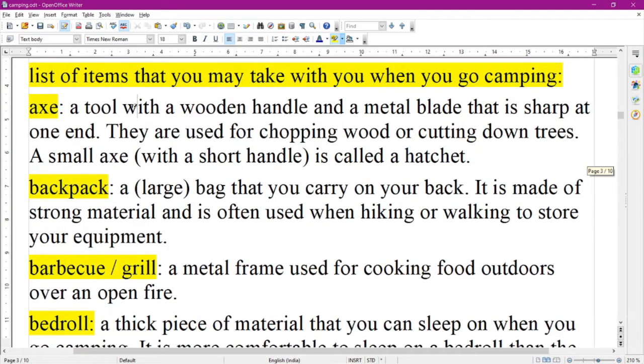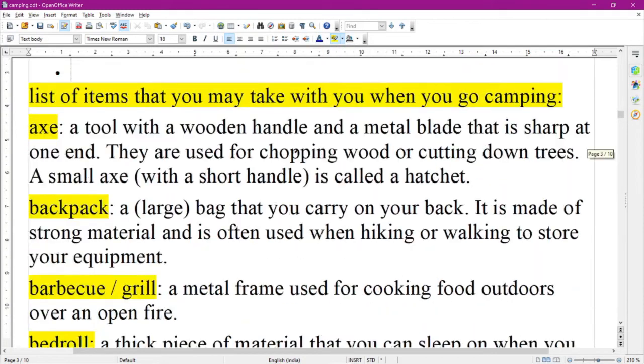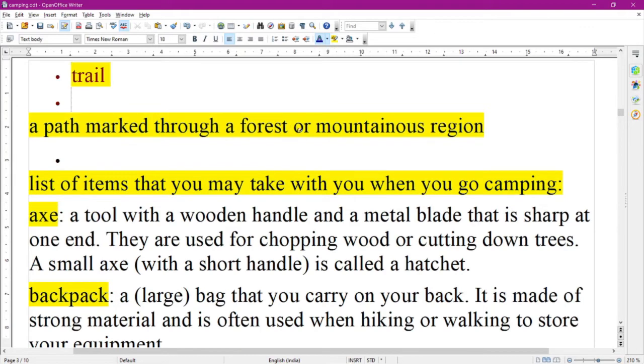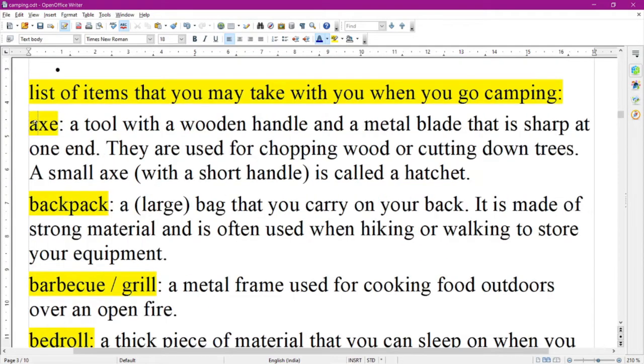So here is a list of items that you may take with you when you go for camping. First is axe. Now if it's a small axe with a short handle, we will call it hatchet.